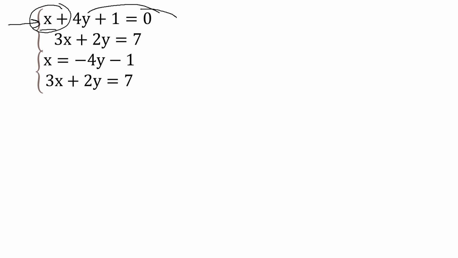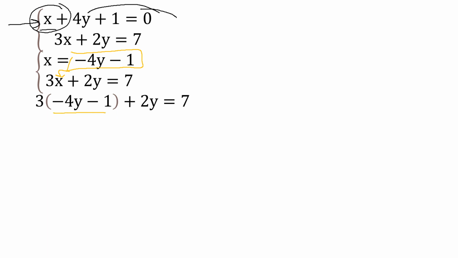Step 2 was to take what I just solved and plug it into the other equation. So x equals negative 4y minus 1. I'm going to plug that into the other equation for x. So 3x plus 2y equals 7, and here's what I plugged in for my x value.